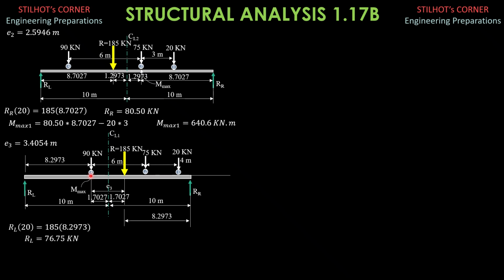So Mmax2, possible maximum moment, is 76.75 times 8.2973, and that is equal to 636.8 kilonewton meter, which is less than the possible maximum moment which occurs under load 2 for this part. Therefore, the absolute maximum moment occurs under load 2 and it is 640.6 kilonewton meter. So that's it for this video and for this problem.